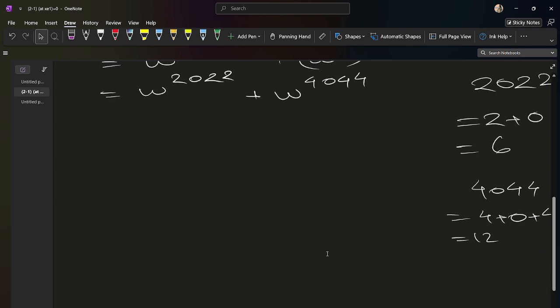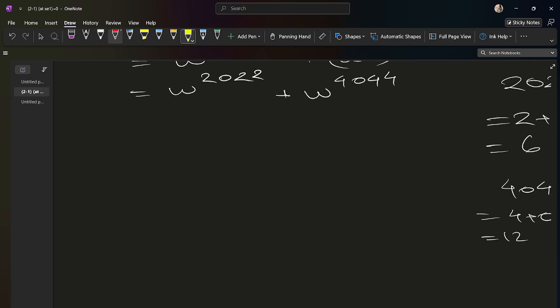So we can write omega to the power 2022 as omega cube to the power 674, plus omega cube to the power 1348.